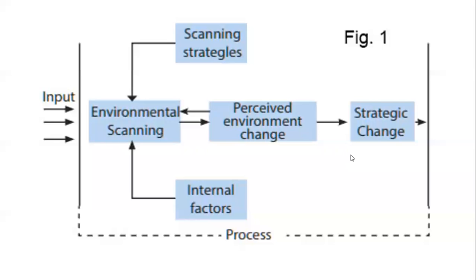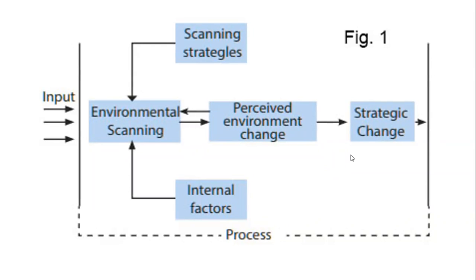We scan certain strategies among the available courses of action. Here, strategies are nothing but the courses of action. So we come out with certain alternative courses of action, and then we see which of these alternative courses of action best fits as a reply to the changes that are happening.